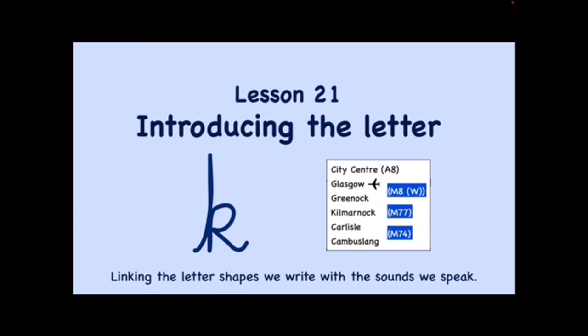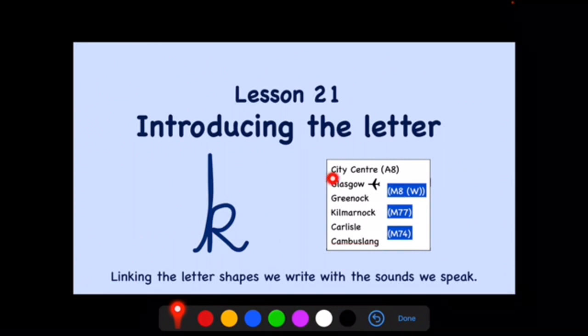Back in Lesson 12, when we introduced the letter C, it was pointed out that a letter C followed by an I or an E, we said a different sound. We would say S, like in city, centre.